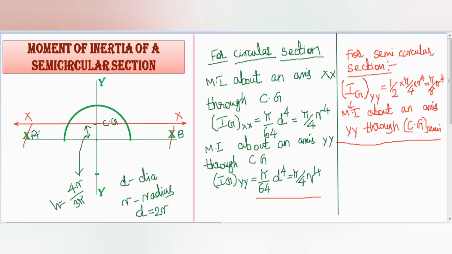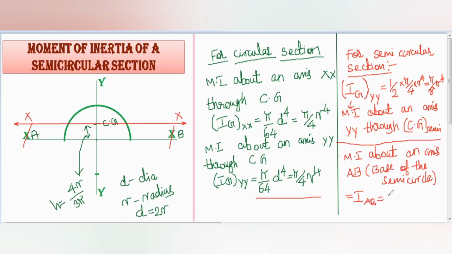Now we know that IAB also has no change, because this moment of inertia about an axis AB, that means the base of the semicircle, will be the previous IXX, now shifted into IAB.